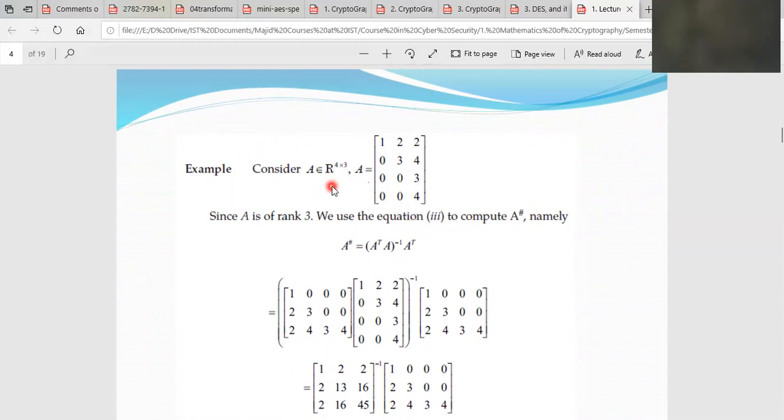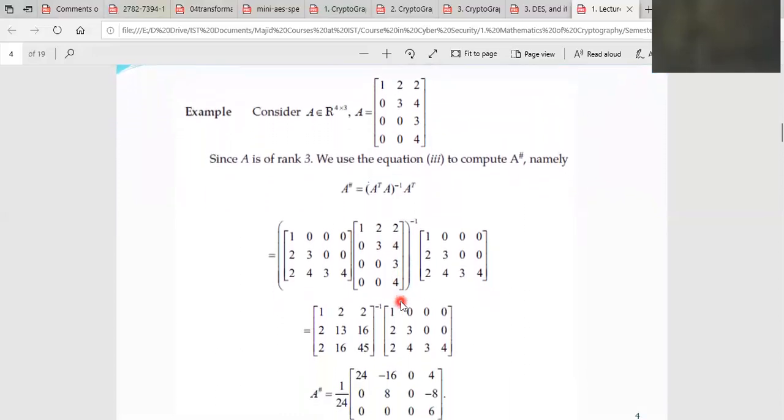If A belongs to the set of matrices of 4 cross 3, say this is a matrix whose rank is 3. In that case, the pseudo-inverse is represented by this expression. We put the values of all expressions in that equation.